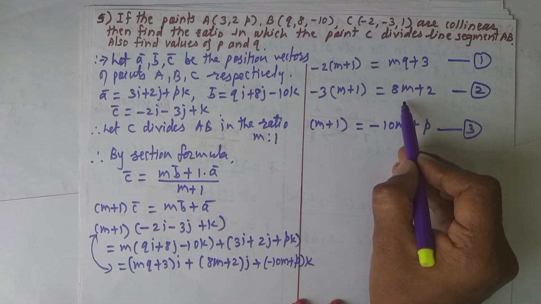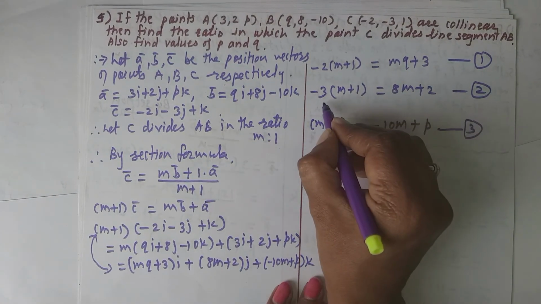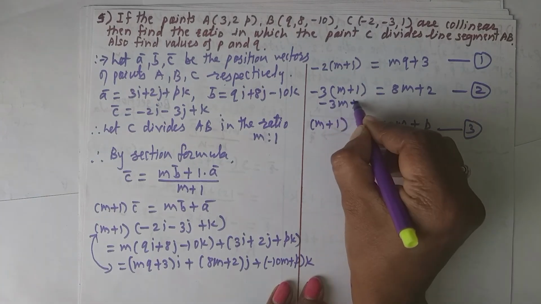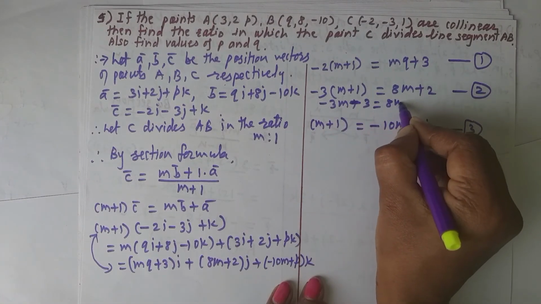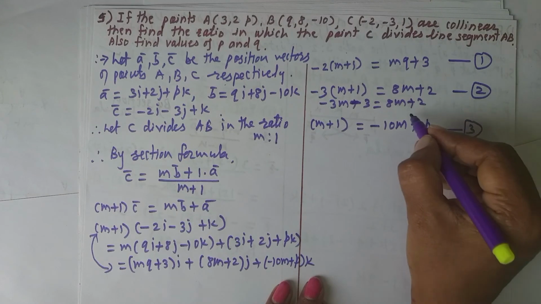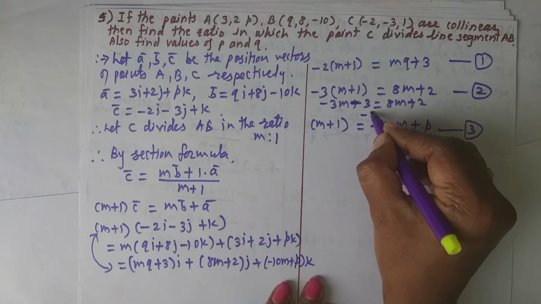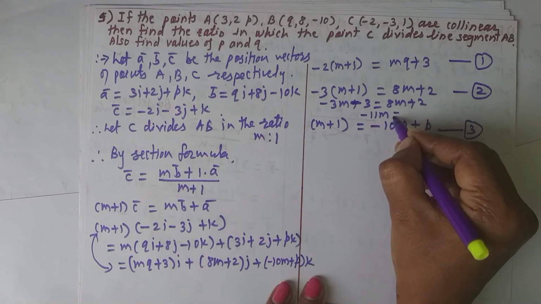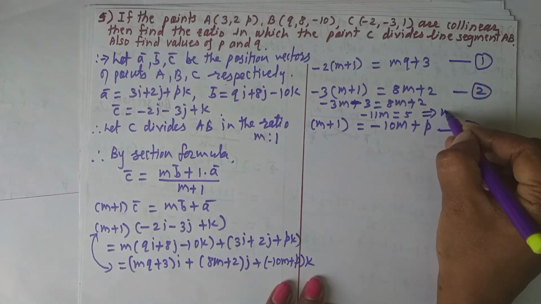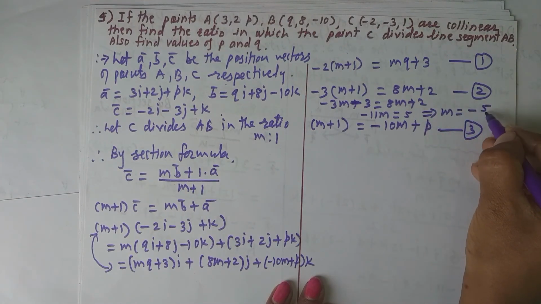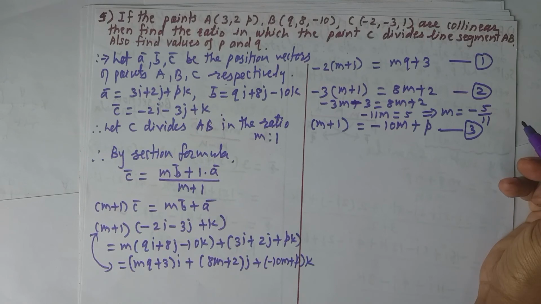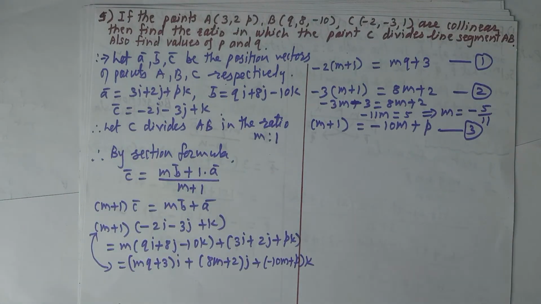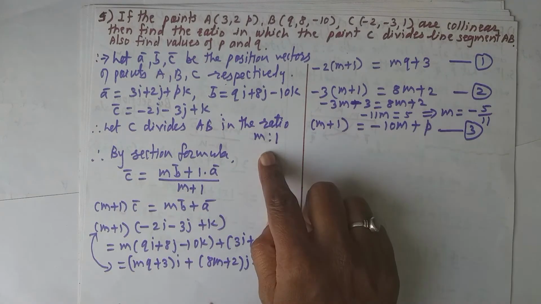Now you simplify these equations, and from this I will get the value of m. This is minus 3 times (m plus 1) equals 8m plus 2, and after simplifying this will be minus 11m is equal to 5, means I will get the value of m as minus 5 by 11. I will get the value of m from the second equation, the value of m will be minus 5 by 11. Okay, then what is m here? m is nothing but the ratio.